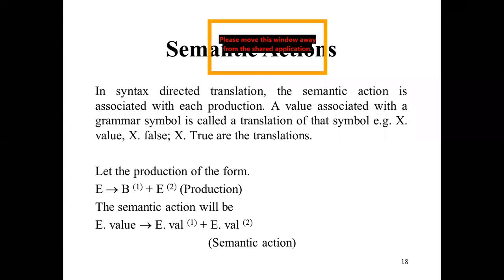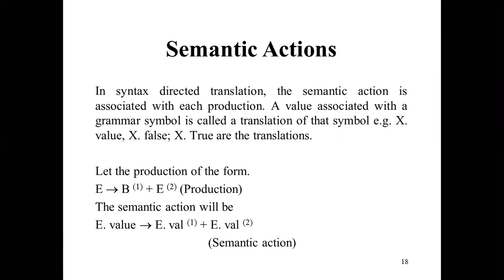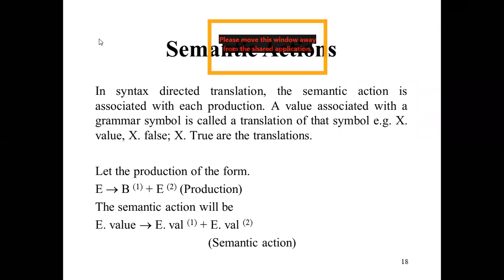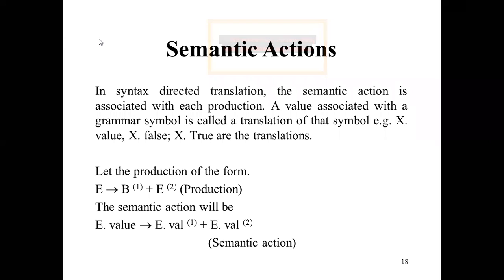Now we can say what the semantic action is. The semantic action is used to consider the different types of error. Whenever we apply the semantic action, we check two things: it may be true or false. In syntax directed translation, the semantic action is associated with each production.